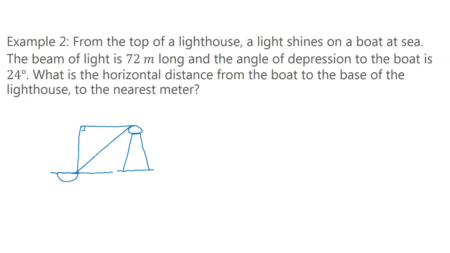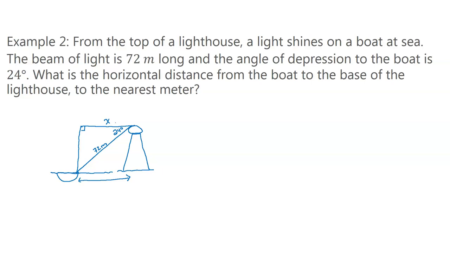So I'll put my 24 degree angle of depression here. And we know that the beam of light is 72 meters long, so that's here. And we're looking for the horizontal distance between the boat and the base of the lighthouse. So that's this distance, but that's the same as this one up here. So I'm going to put x up in the triangle.